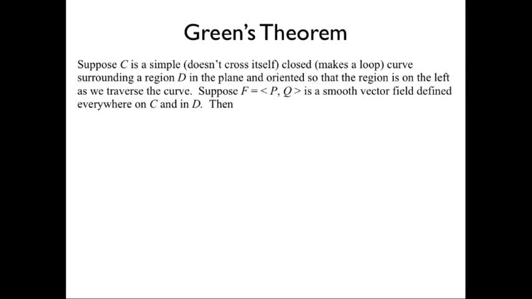So we make sure it's simple, it doesn't cross, and it makes a loop, and it's going to create a region D. If you have a simple closed curve, that creates a region inside. We want to call that D. And we want to orient that so that the region is on the left as we traverse.